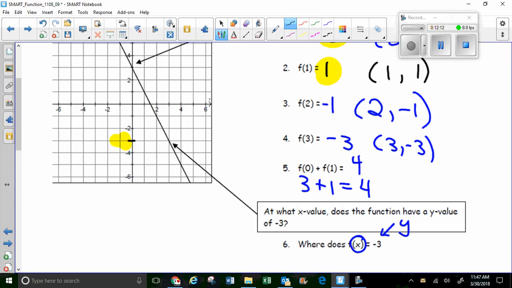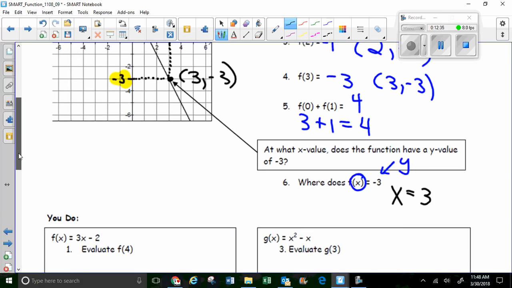So follow that over. We're looking for the missing piece: when y is negative 3, what is x? Follow it up to your x-axis, and that has an x value of 3. So where does f of x equal negative 3? We would say that happens at x equals positive 3. So not so bad there.